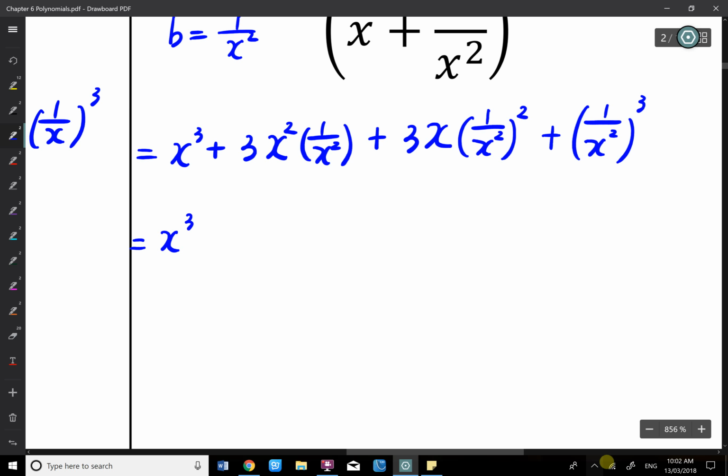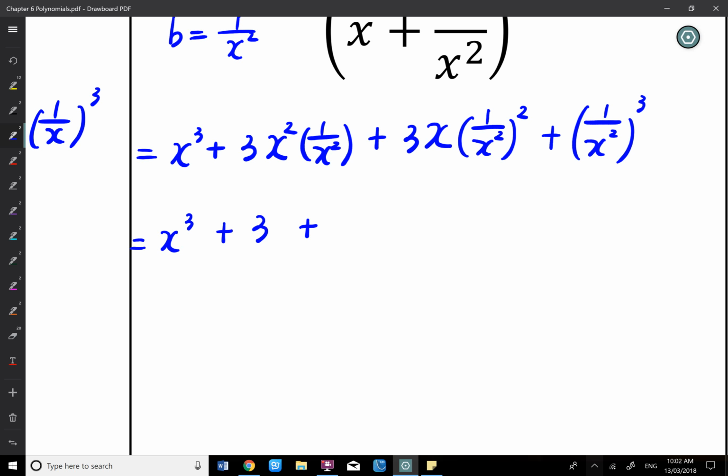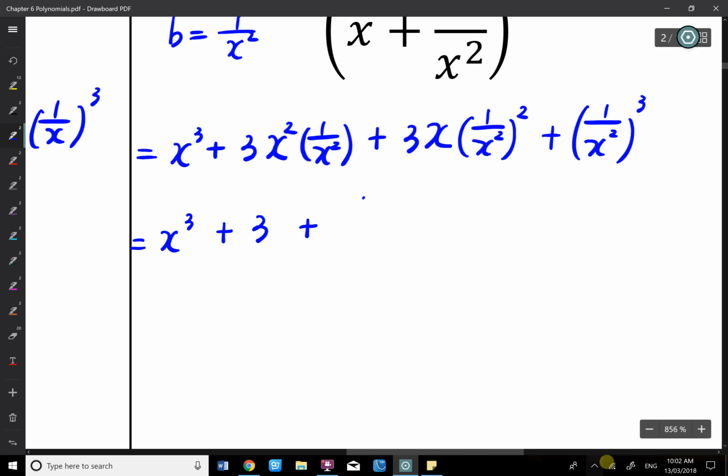That's x cubed plus 3, plus, plus x to the power 4, 3 over x to the power 3, plus 1 over x to the power 6.